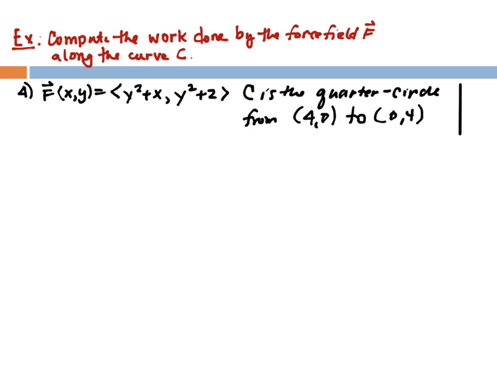And naturally a picture is in order to do that. So 4, 0 is here, 0, 4 is here, and here's the quarter circle that we're going around.